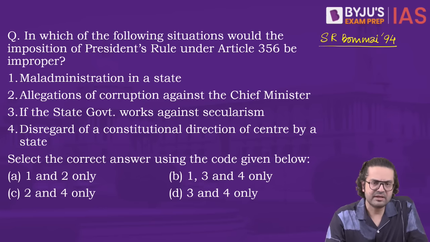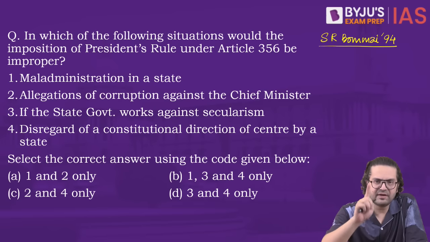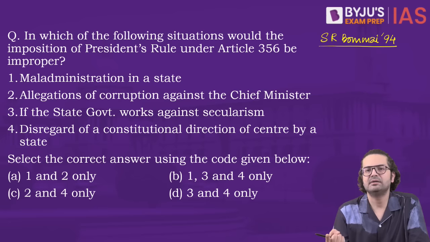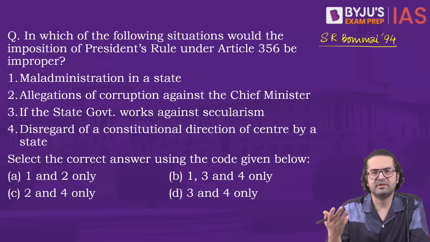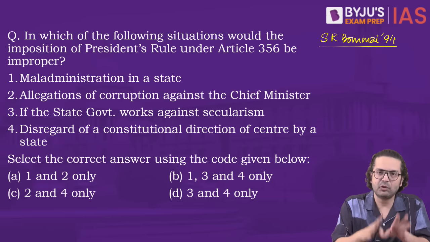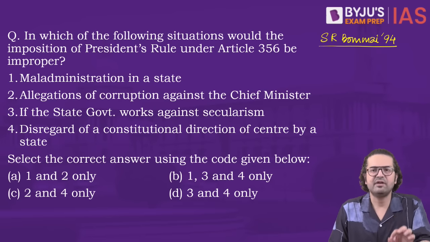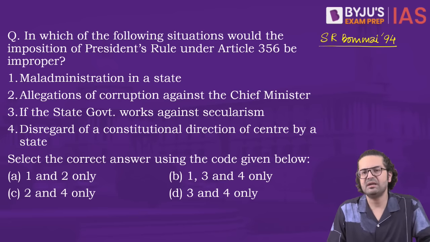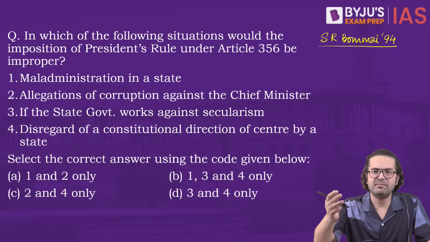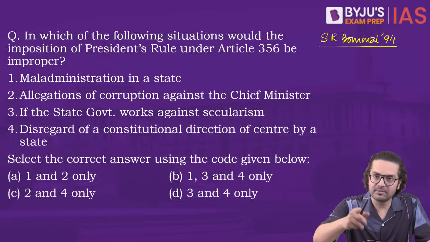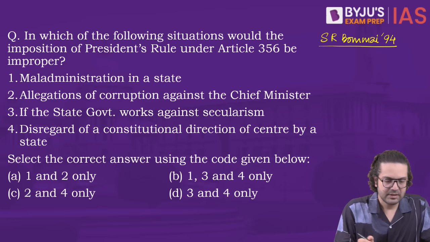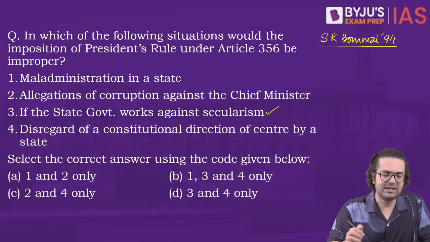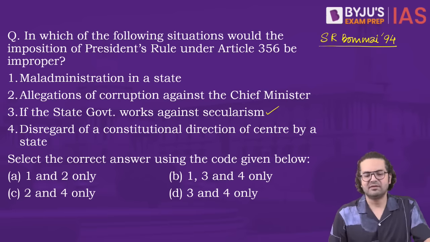So S.R. Bommai judgment said that there are only 3 reasons why President's rule can be imposed in a state. Number 1, hung legislature. When no party is able to form the government and the governor has tried every possibility, has given chance to every major party, and even then nobody could form the government, then of course, do it. Number 2, if the state government works against secularism. And number 3, of course, under Article 365.